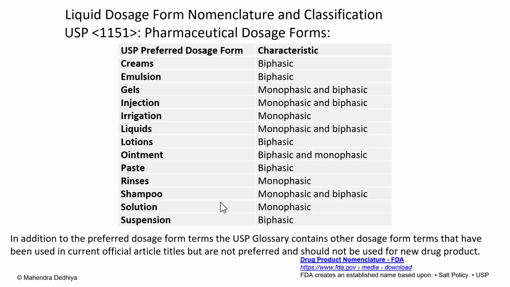In addition to the preferred dosage form that are described in USP, there are other dosage form terms that have been used in the United States Pharmacopoeia current official articles, but they are not preferred and should not be used for the drug product. In addition to that, Food and Drug Administration has a guidance on how to create the name, salt, and preferred dosage form names.